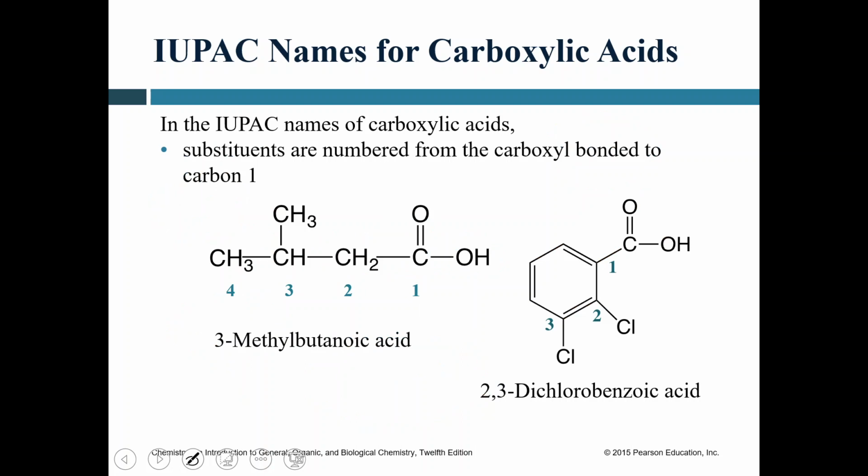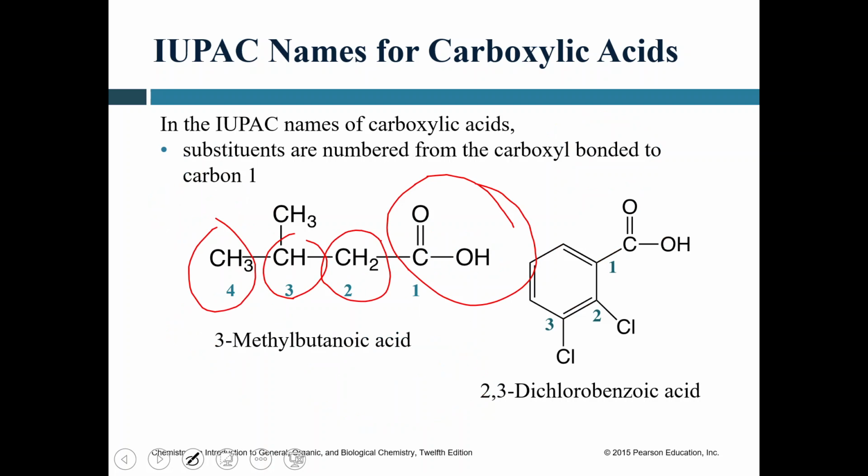If a carboxylic acid molecule has substituents, they are numbered from the carboxyl group. The carboxyl carbon in the carboxyl group is considered to be number 1, and then the next will be number 2, 3, 4, and so forth.